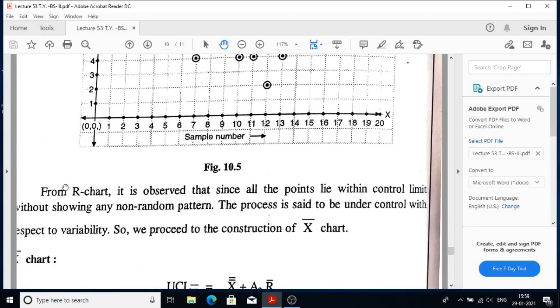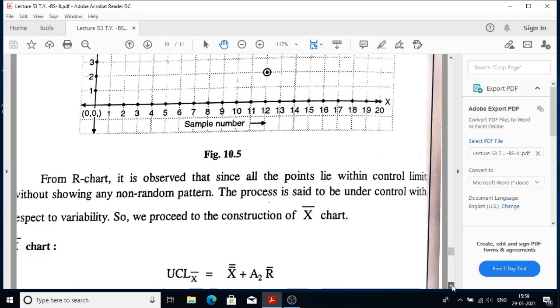So we can conclude from our chart, it is observed that since all the points lie within control limit without showing any non-random pattern, the process is said to be under control with respect to variability. So we proceed to the construction of X bar chart.